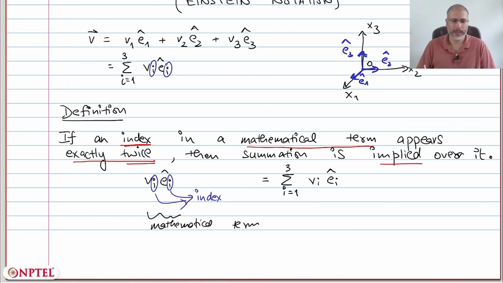This is what the Einstein notation says. As I mentioned last time, this is a notation we have chosen to use, so we are applying it through the definition. Let's understand the notation through a few more examples today.